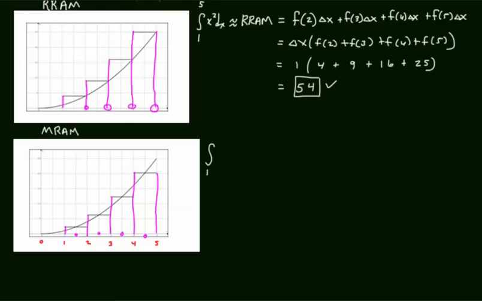Now we'll have the integral from 1 to 5 of x squared dx is approximately MRAM, midpoint rectangle approximation method.